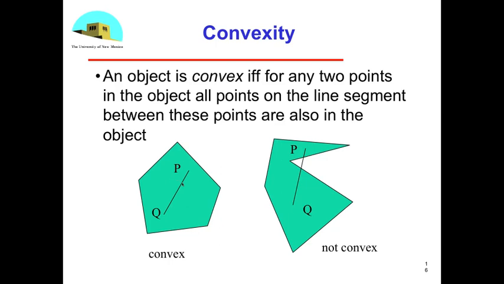So here's a convex object. Any place you put P and Q, the entire line segment will be inside. Here's a non-convex object, where if you pick P here and you pick Q here, obviously it comes outside of the island.